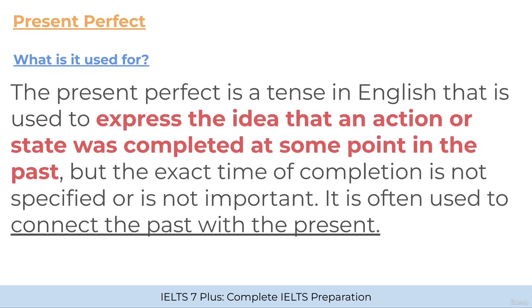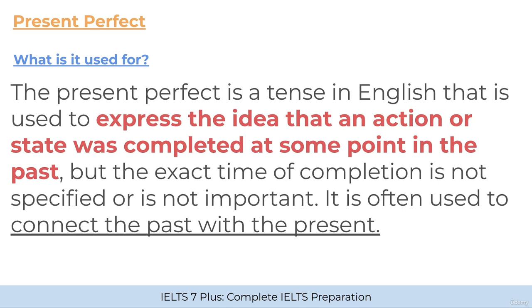Well, it's a tense in the English language to express the idea that an action or state was completed at some point in the past, but the exact time of completion is not specified, or perhaps it's not important. So this tense is like a bridge to connect the past with the present. So it was completed, but we don't know when exactly, and that information is relevant in the present.